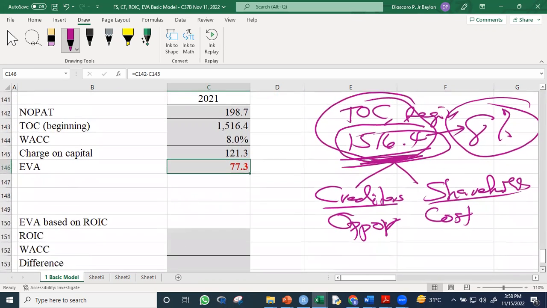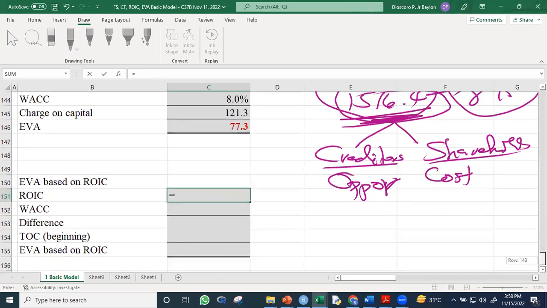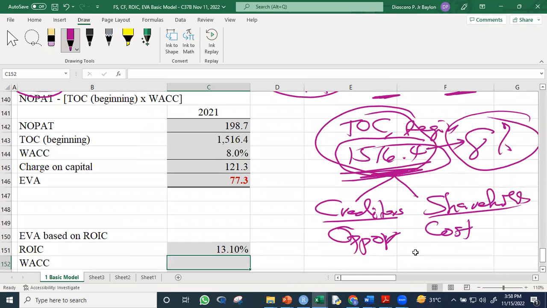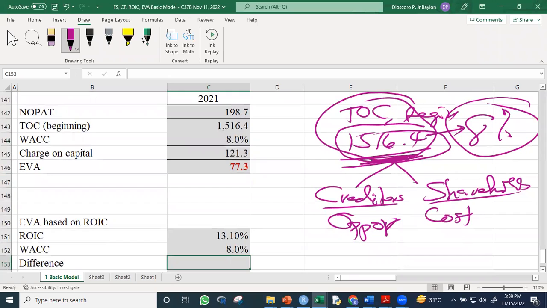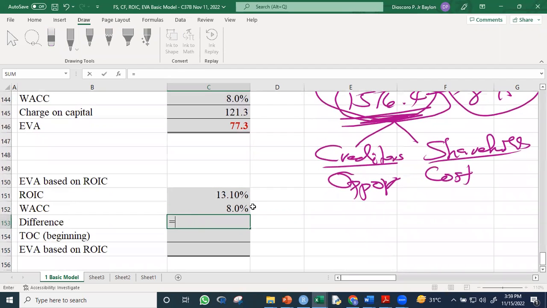All right? So there's another way to compute for the EVA, and it's based on ROIC. Alam na natin si ROIC, na-compute natin, 13.1. And then si WACC is 8%. So you notice na yung cost of capital is less than the return on invested capital. So okay yun. The difference is 13.1 minus 8, which is 5.1%.